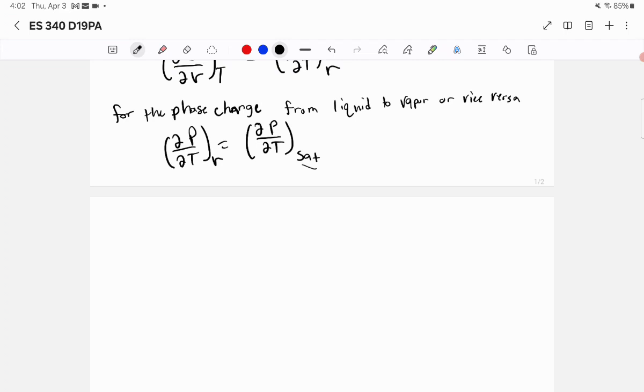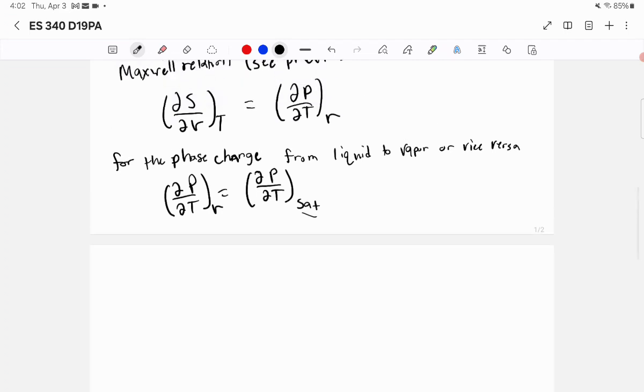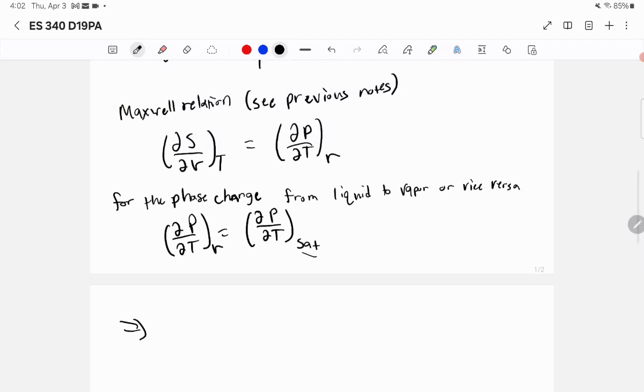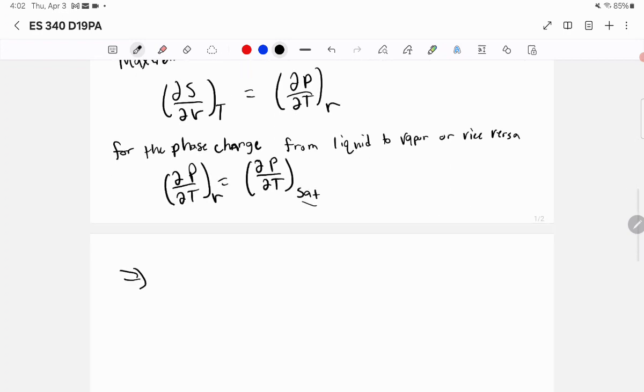Using this fact, we can say that Sg minus Sf is equal to (dp/dT)sat times (Vg minus Vf).